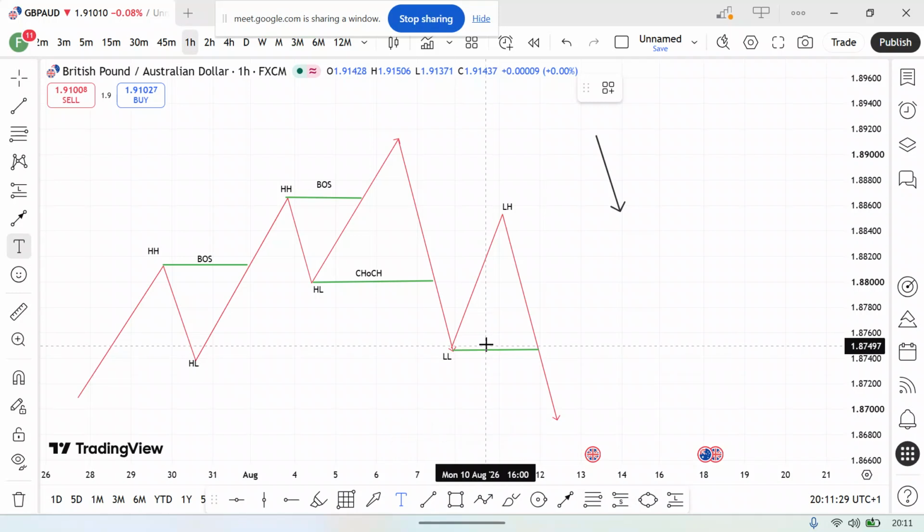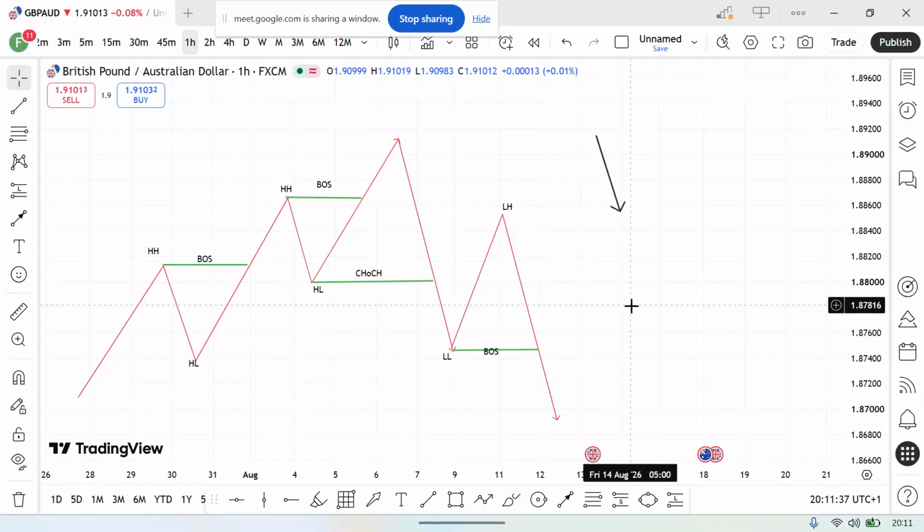Always feel free to unmute your mic and say yes so that you know I'm talking with people, not alone. So here we have another break of structure. Now you see we are in a downtrend.